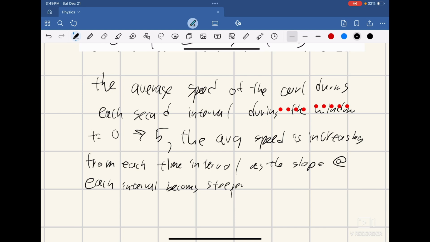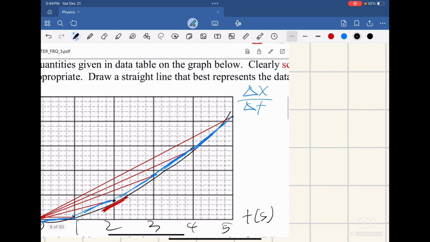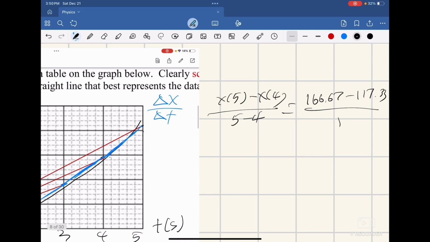And we can also prove this using math, because all we have to do is find the position at 5 and the position at 4. So x at 5 minus x at 4, over 5 minus 4, right? I'll find this really quickly, because I do have the table. So x at 5 is 166.67 and x at 4 is 117.33, over 1, so 166.67 minus 117.33.